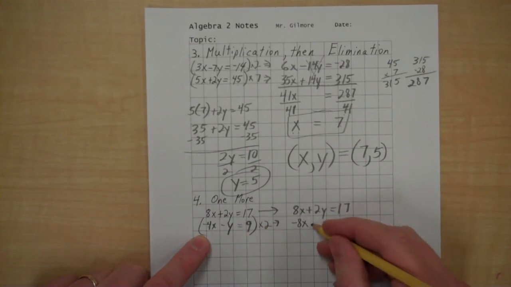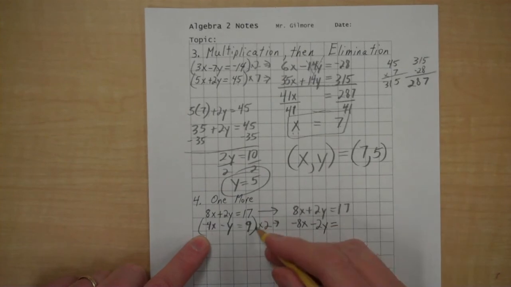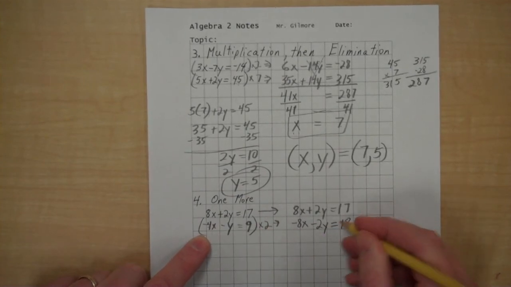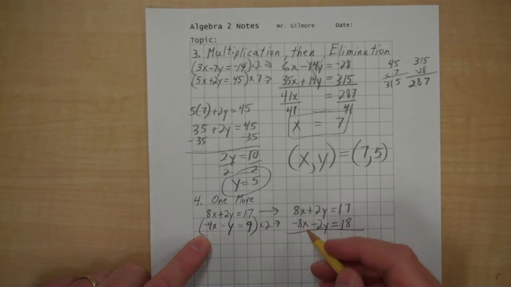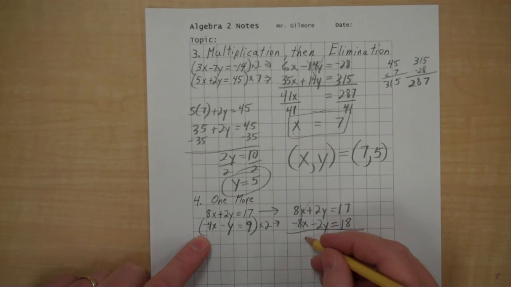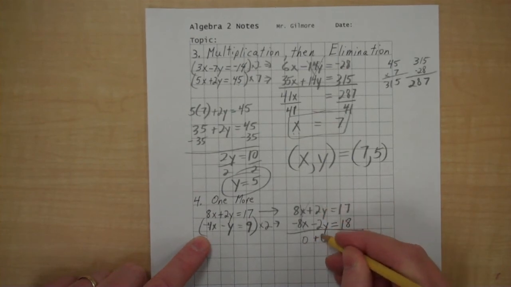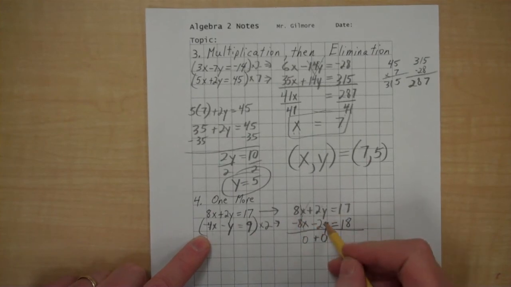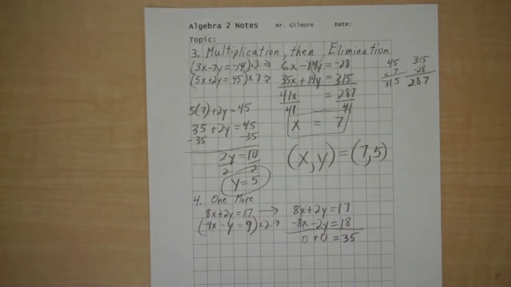And 2 times negative y is negative 2y. Uh-oh. 2 times 9 is 18. So 8, negative 8 is 0. Those canceled. 2 and negative 2 is 0 as well. We lost x and we lost y. And somehow that's supposed to equal 35.